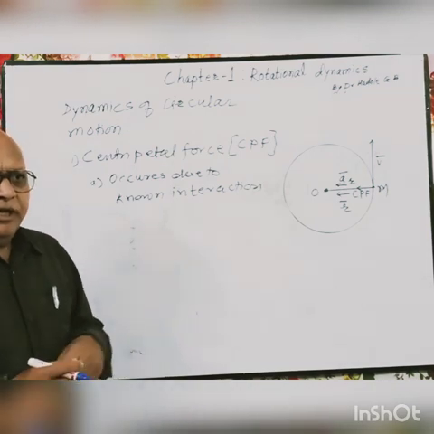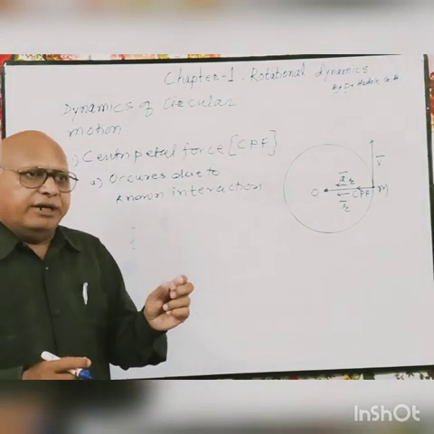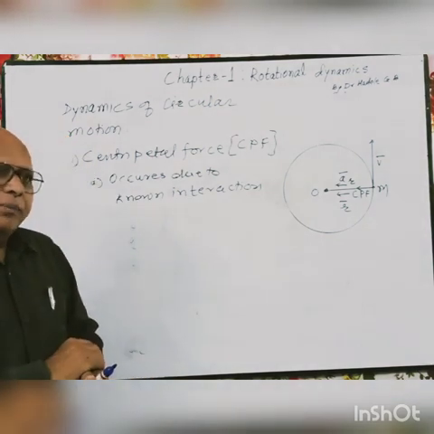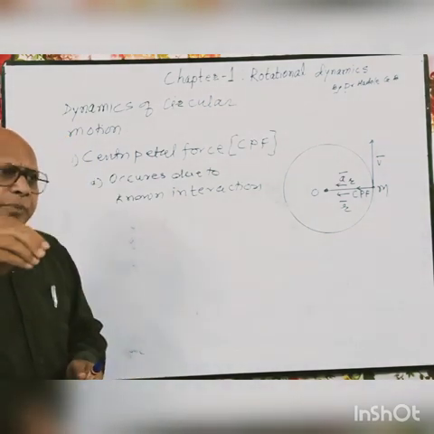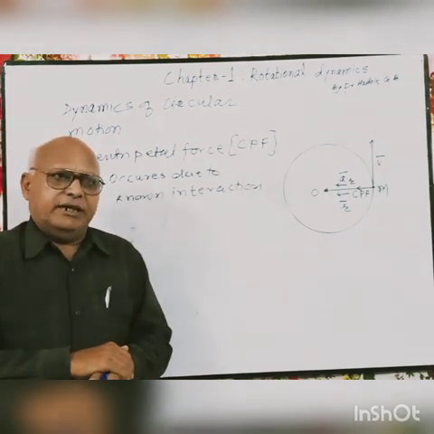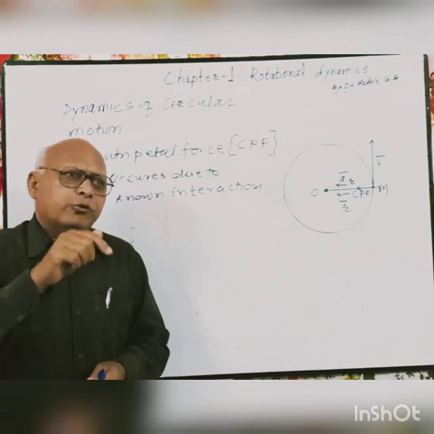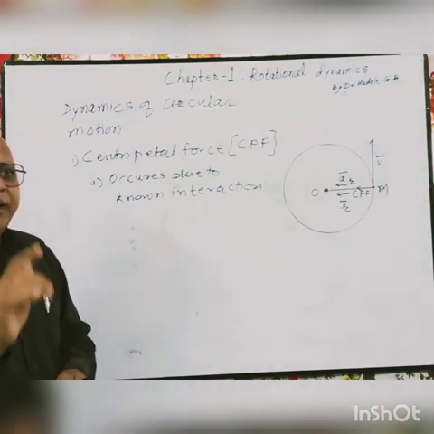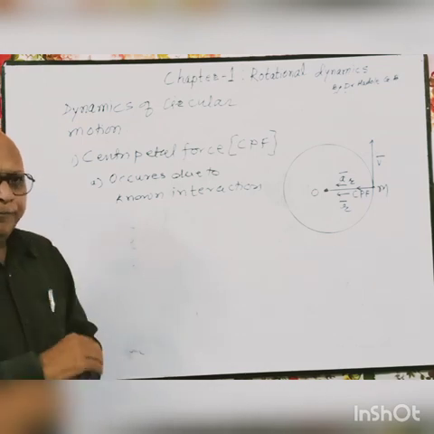If a pebble is taken, tied to a string and held in a horizontal circle, then what happens? The pebble performs uniform circular motion or circular motion. In this case, the necessary centripetal force for performing the circular motion by the pebble is provided by the tension in the string.